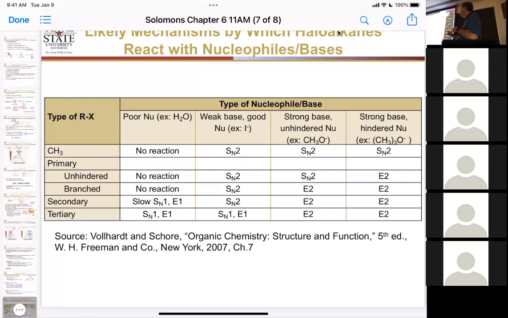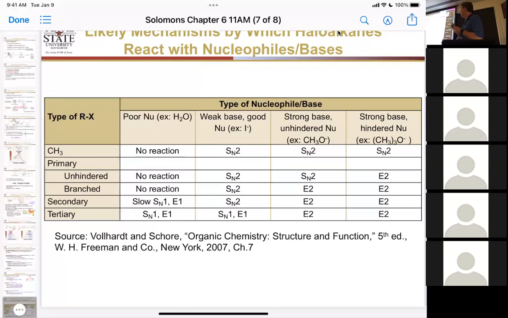Now, what if we had a strong base, but an unhindered base? We're thinking methoxide, ethoxide, hydroxide. Now the methyl can't make an alkene because there's no other carbon, there's no beta carbon. If there's no beta carbon, we can't make the alkene, we can only do the substitution.